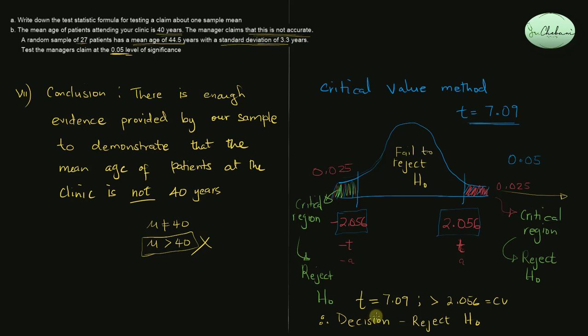So you can see that whether you use the p-value or the critical value method, your decision and your conclusion in the end are going to be the same.